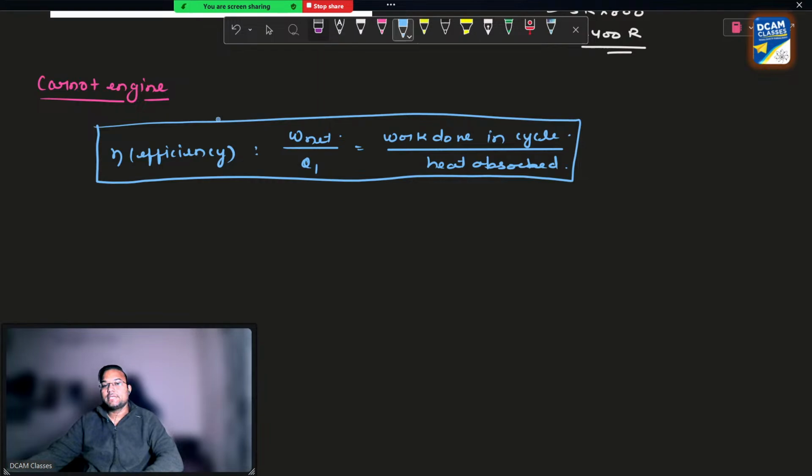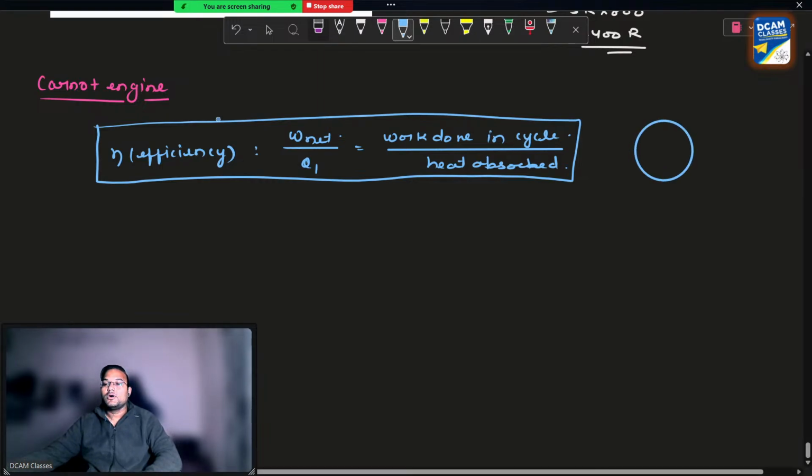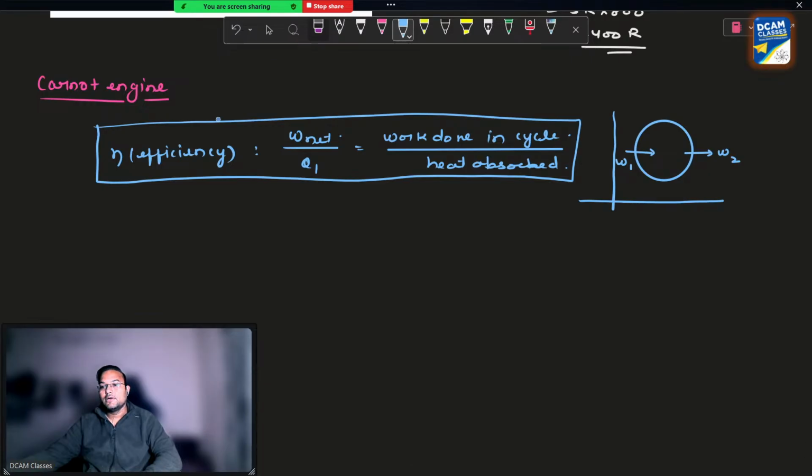Whenever we have a cycle like this, a process which consists of four different processes, there will be work done, W1, W2: work done on the process is W1, work done by the process is W2. Q1 is the heat absorbed, Q2 is the heat released.